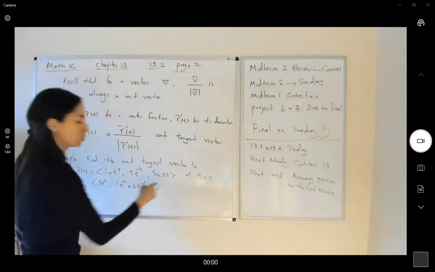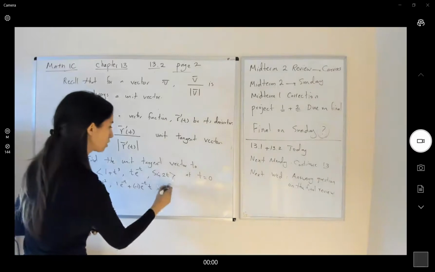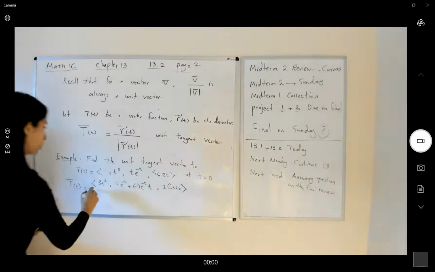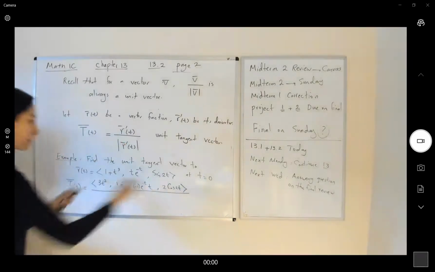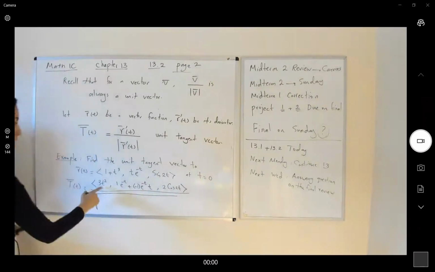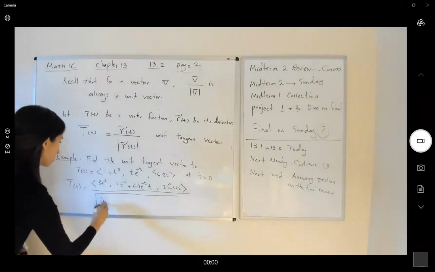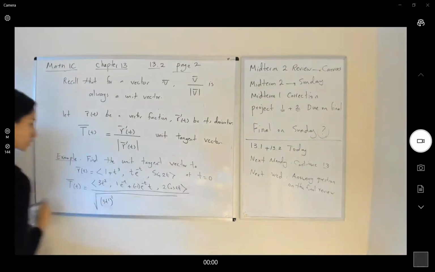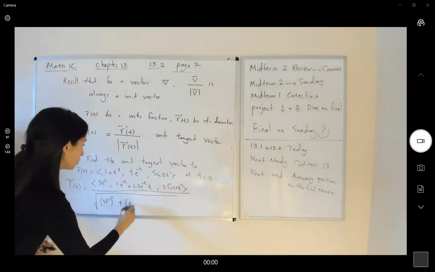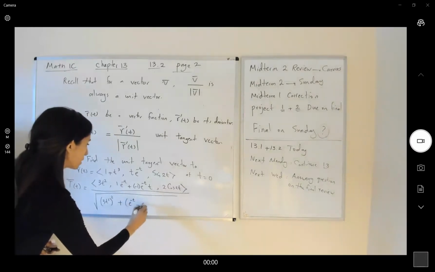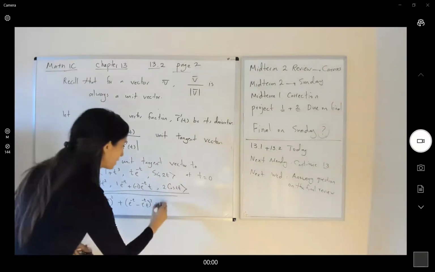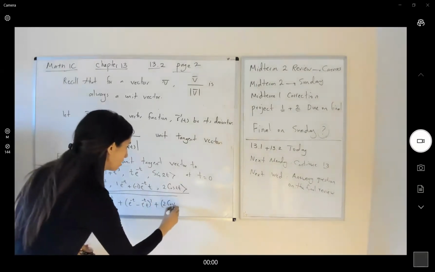Here you're using the chain rule, you get 2 cosine 2t, divided by the magnitude. What's the magnitude? This is the square root of the first component squared, so you get 3t squared raised to the second power, plus this one squared, so e to negative t minus e to negative t times t, squared, plus the last component raised to the second power.